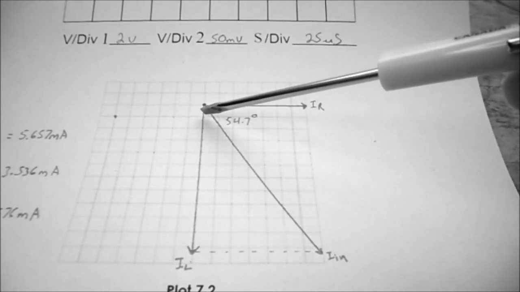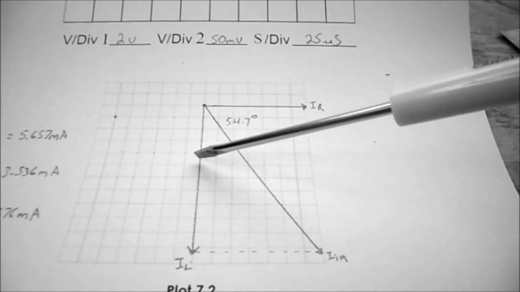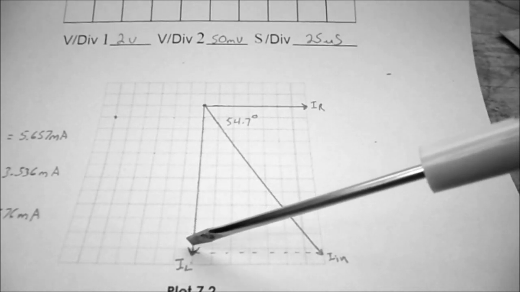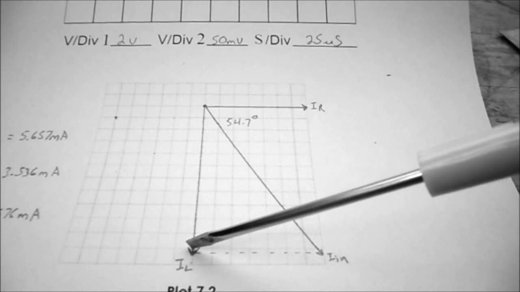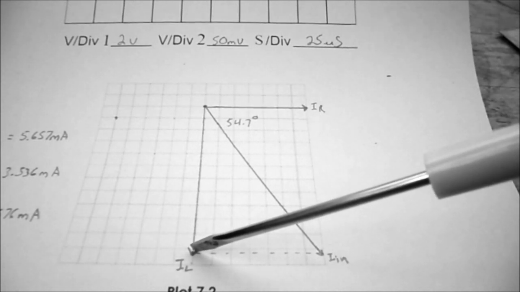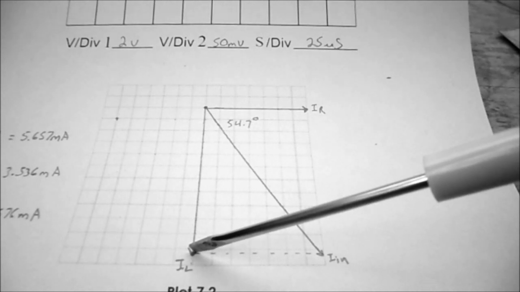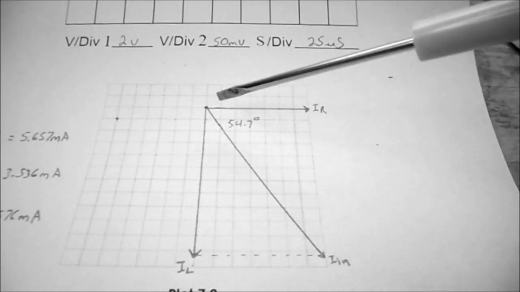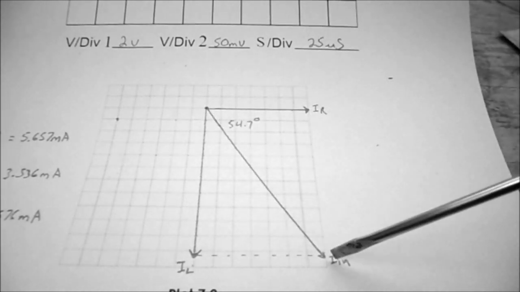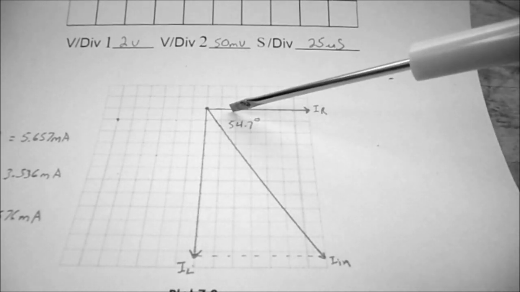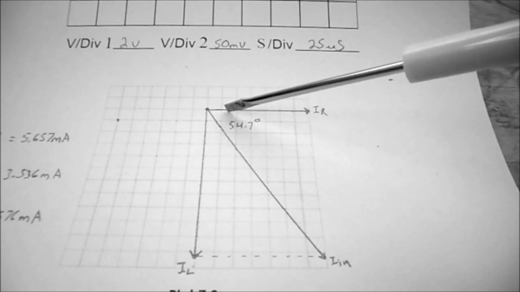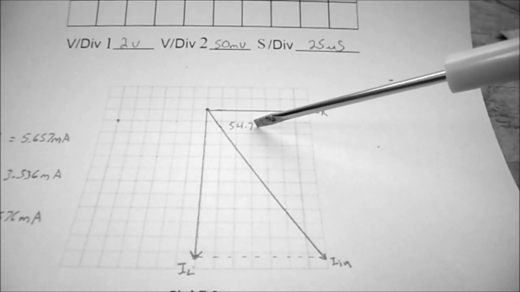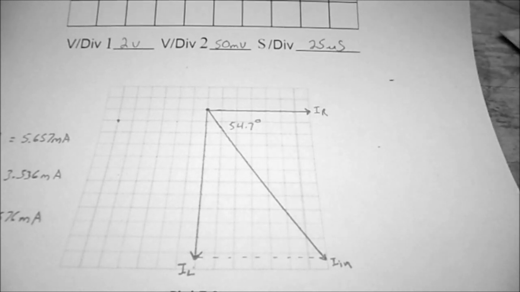And you can see I have half 1, half 2, half 3, half 4, half 5, and we wanted 5.6, so it's approximately there for IL. Then you can draw in your rectangle and complete the line for I in, and you can see I in is a little more than 45 degrees, and we have 54.7 degrees from our calculations.